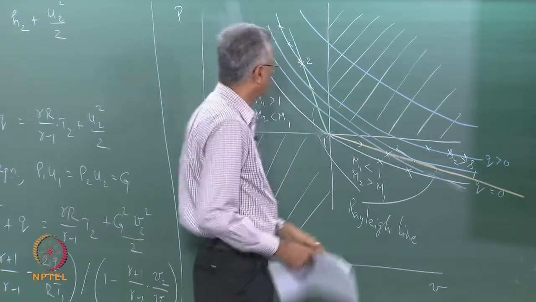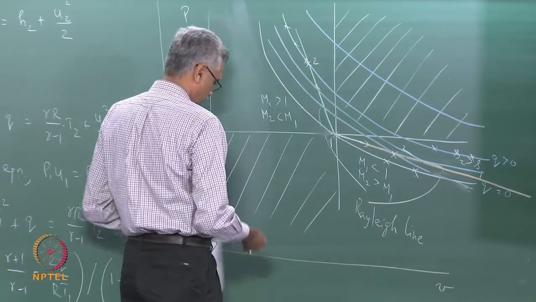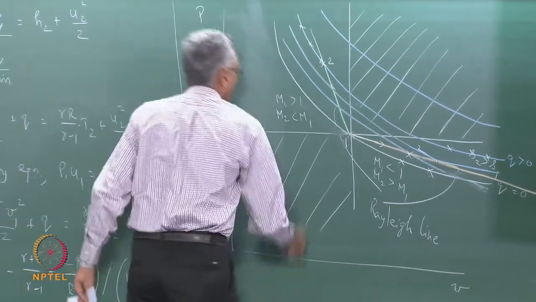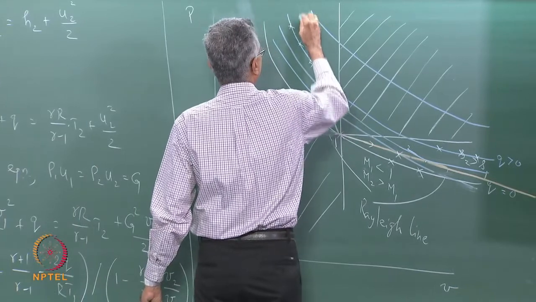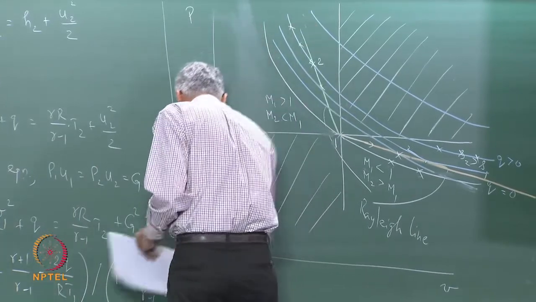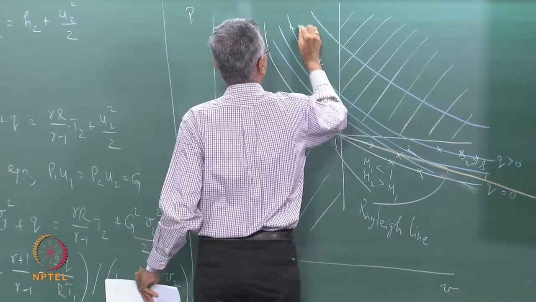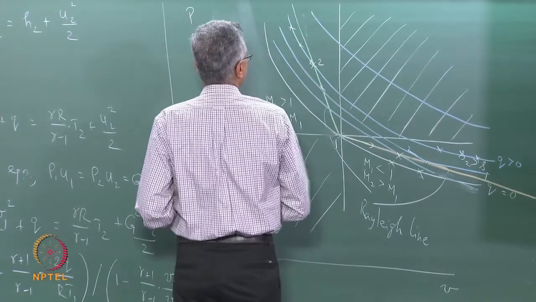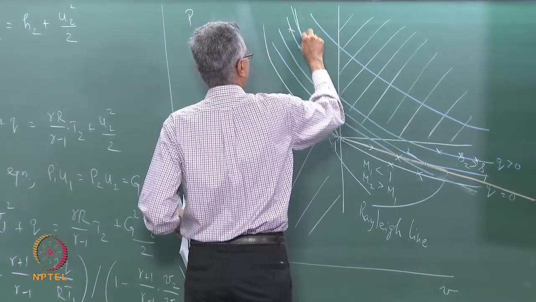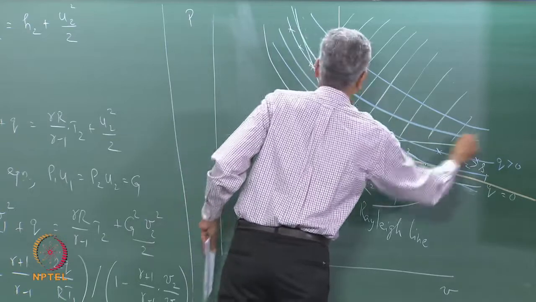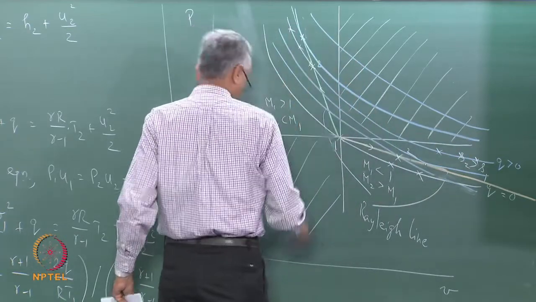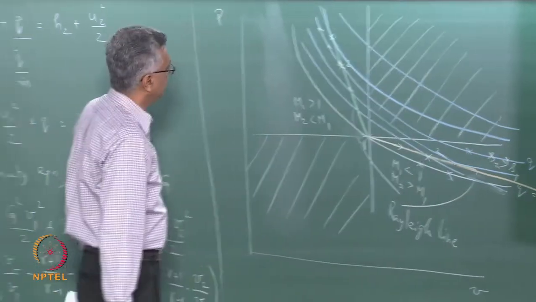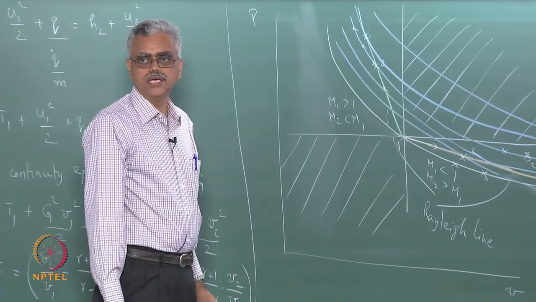Similarly, on the top side, if you look at this, there is going to be one H curve where I become tangential. So if I extend this line, there is going to be one H curve where the Rayleigh line becomes tangential to the H curve.